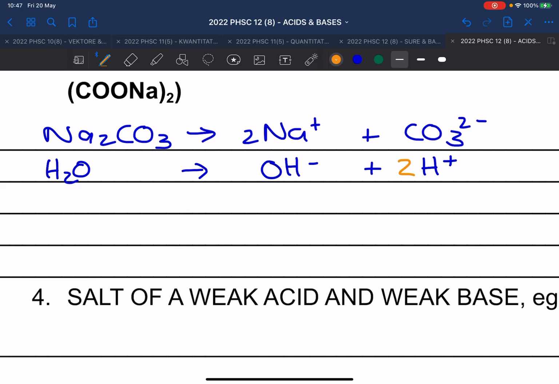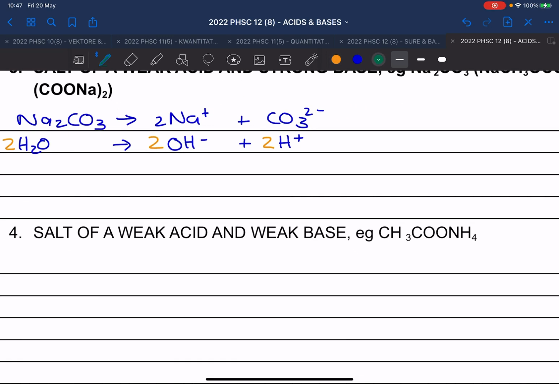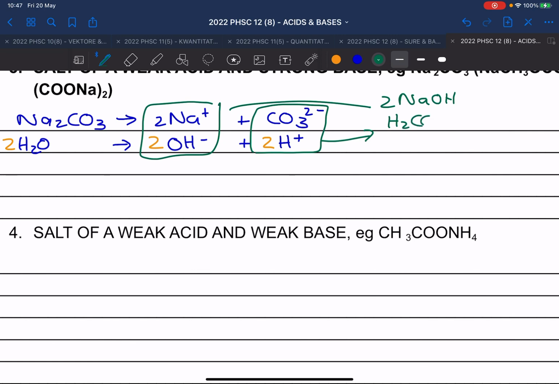But we can't just add 2 hydroniums, it is 2 of everything then. Okay, so that means we will get 2 sodium hydroxides and we will get carbonic acid.